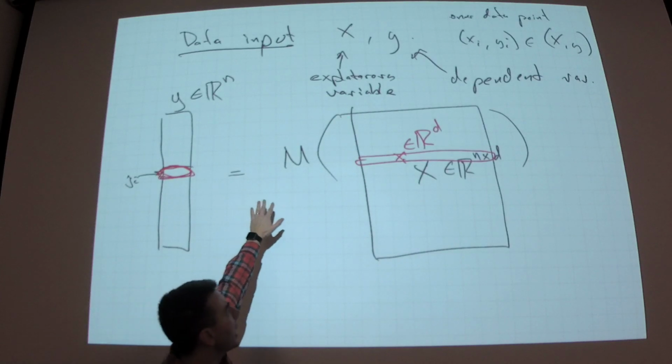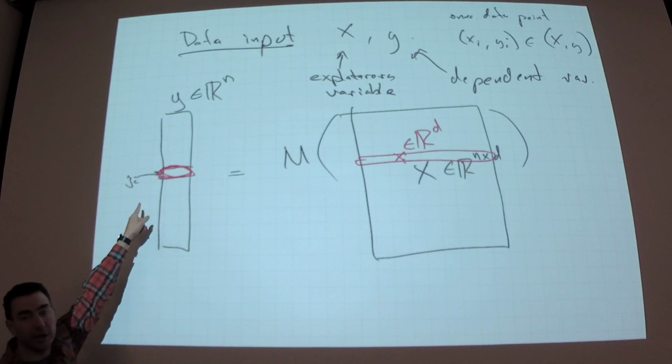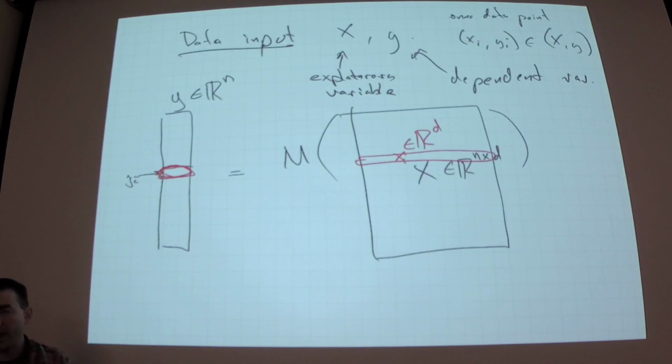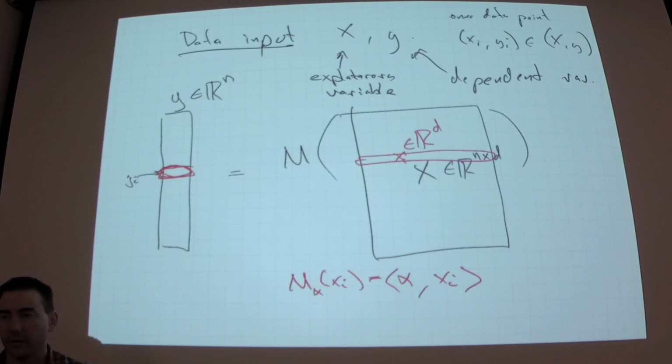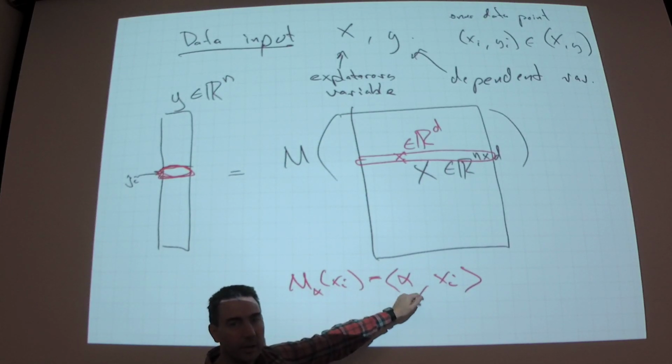And I want to learn some model which takes this data and for every data point predicts a corresponding y. Okay? And if this is going to be a linear model, then m of xi, we'll call this m alpha, is just going to be a dot product with xi. So if it's a linear model, a linear regression is just going to be a dot product here.